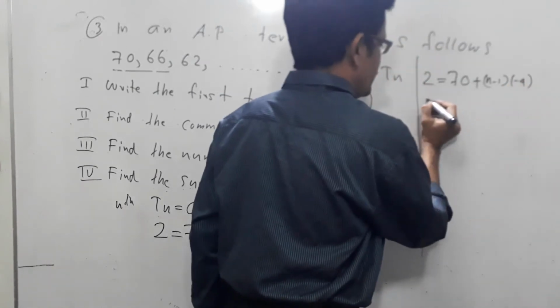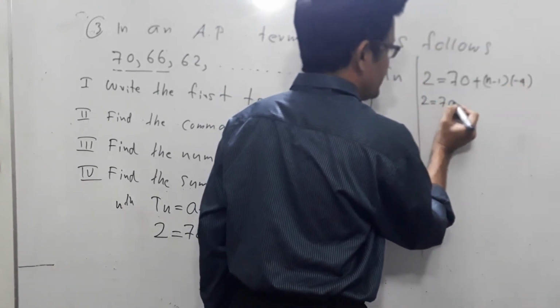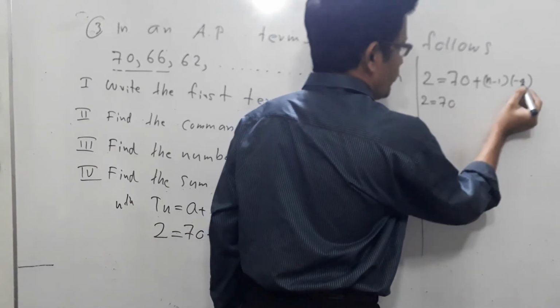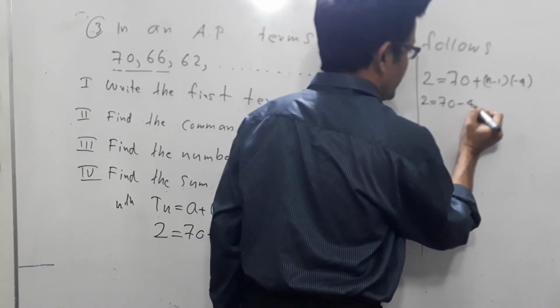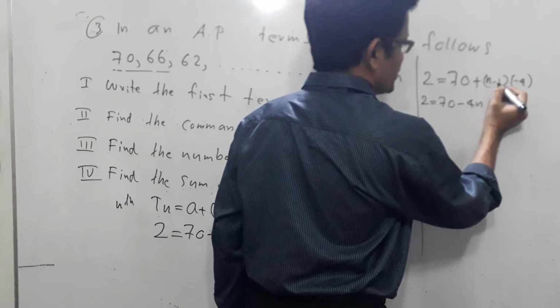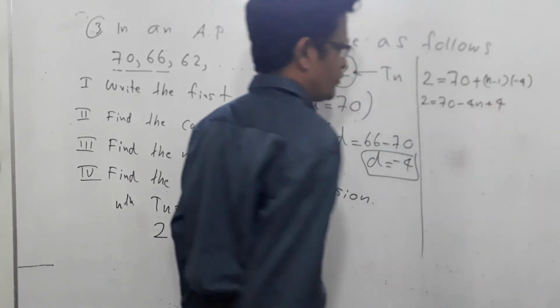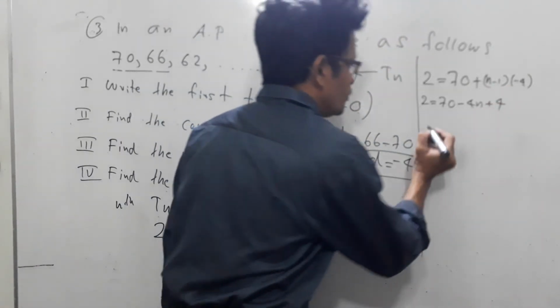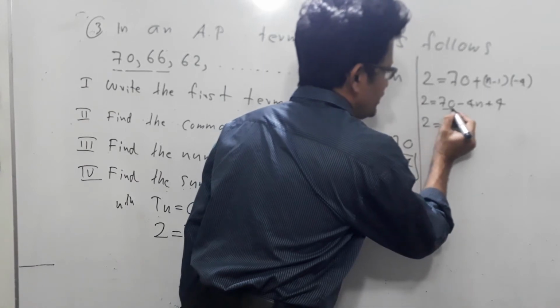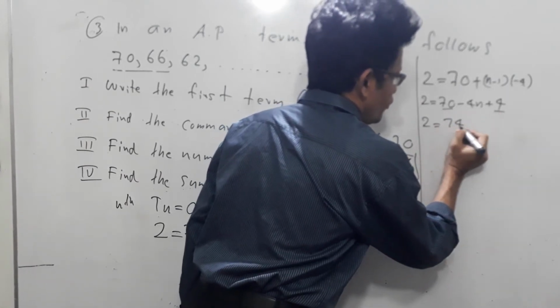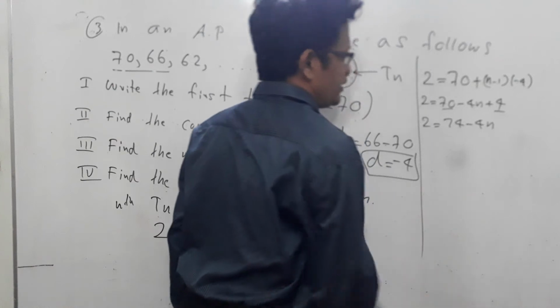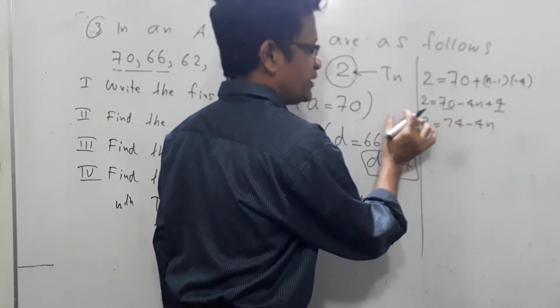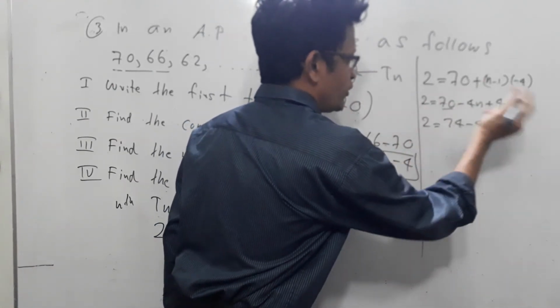So if you remove the bracket, 2 equal 70, here minus 4 into n, minus 4n, minus 4 into minus 1 is plus 4. Right? Then 2 equal 70 and 4, if you add, 74 minus 4n. Then minus 4n I can take this side and 2 I can take to the other side.